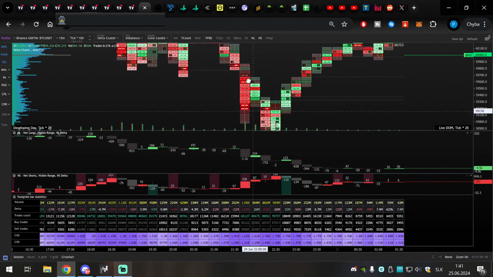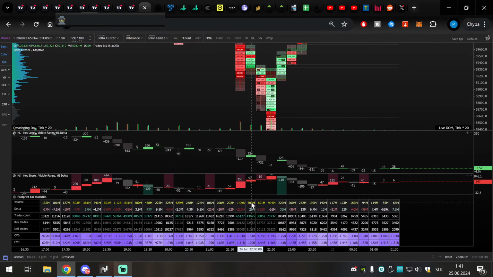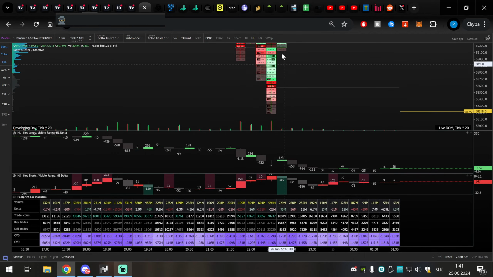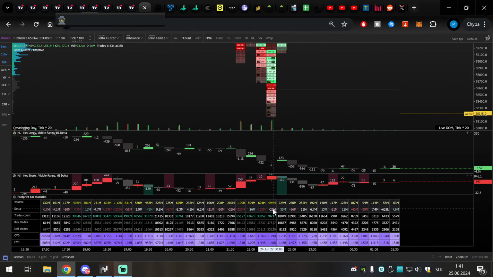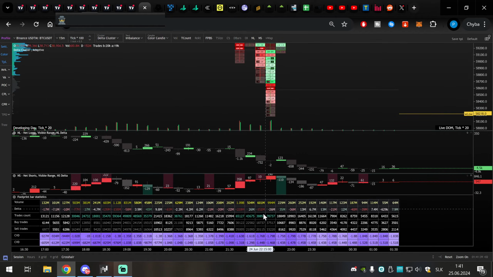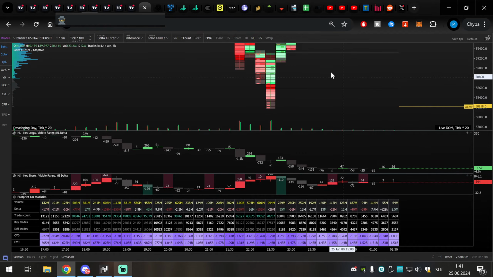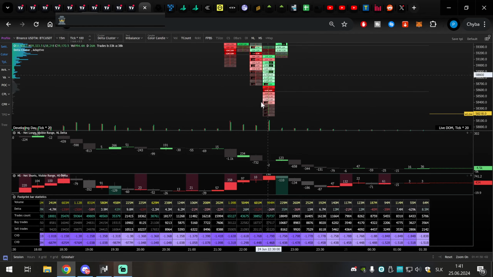Now a big move to the downside, 500, 600, 900 million. This is also a great reversal candle because you get 1 billion in the candle, with negative delta and 70,000 trades taken in the candle. So the sellers won on paper, but not visually on the price.